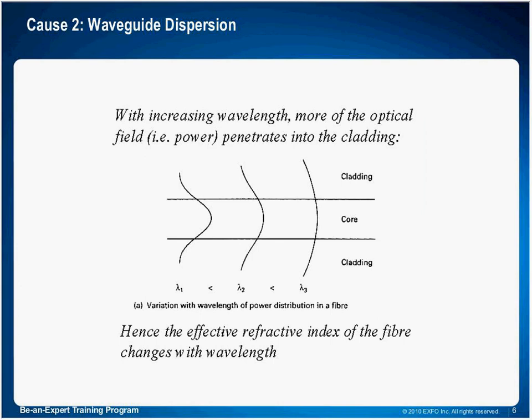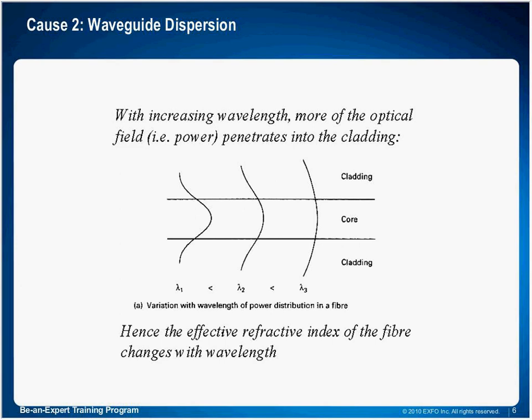Before we get to that graph, I'm just going to have a quick look here at how different wavelengths have different amounts of the energy or pulse traveling through either the core or the cladding. What we can see from this graph over here is that for the larger wavelengths, in this case lambda 3, more of the energy is traveling through the cladding and not only in the core.